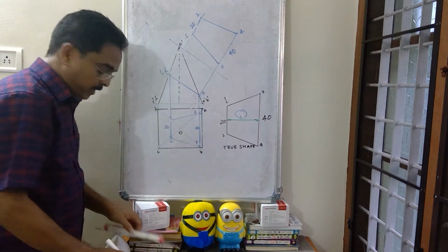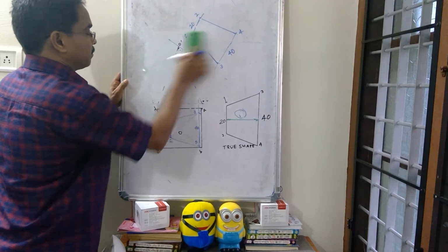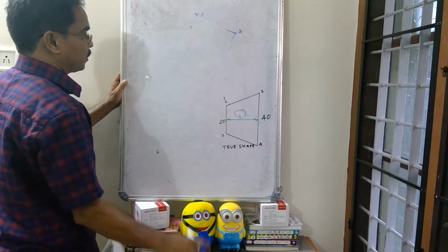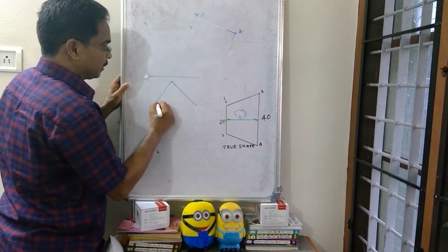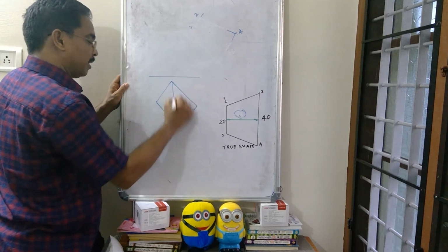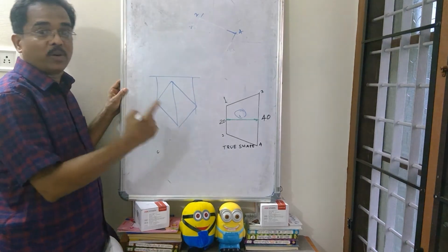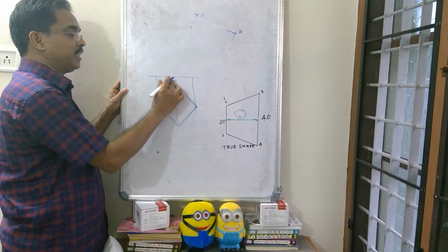And one more problem here: you cut a cube such that the true shape is a regular hexagon. I think it would be better to learn that problem by heart. If you cut a cube, in order to get a regular hexagon, draw the square such that it is equally inclined.